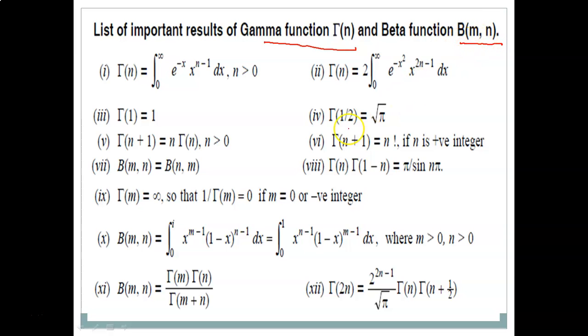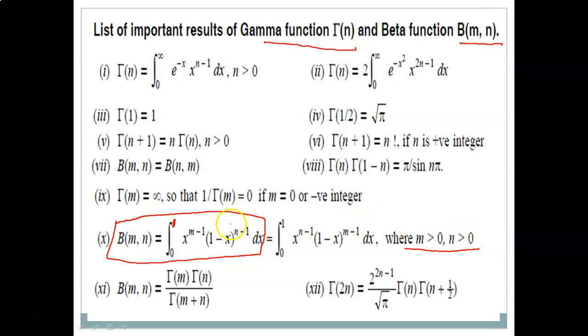Now the beta function can be defined by this integral, the limit is 0 to 1, x raised to power m minus 1, and (1 minus x) raised to power n minus 1 dx, and then you write B(m, n). But this is also equal to the integral 0 to 1 of x raised to power n minus 1, (1 minus x) raised to power m minus 1 dx, and the condition is that here m and n must be greater than 0.